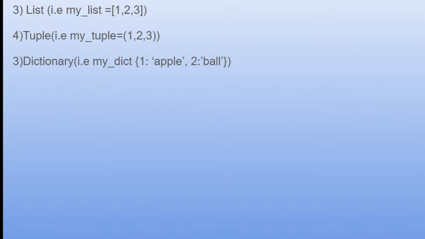Then we come to tuple. Now what is a tuple? A tuple is similar to a list, but it is going to be in round brackets. Then thirdly, we have the dictionary. Now the dictionary means that it has some specific words which will be already inbuilt.